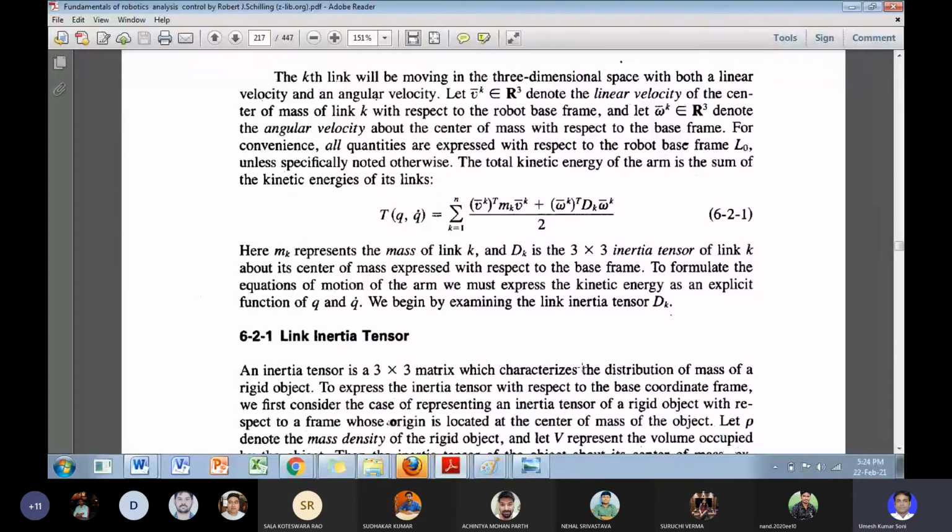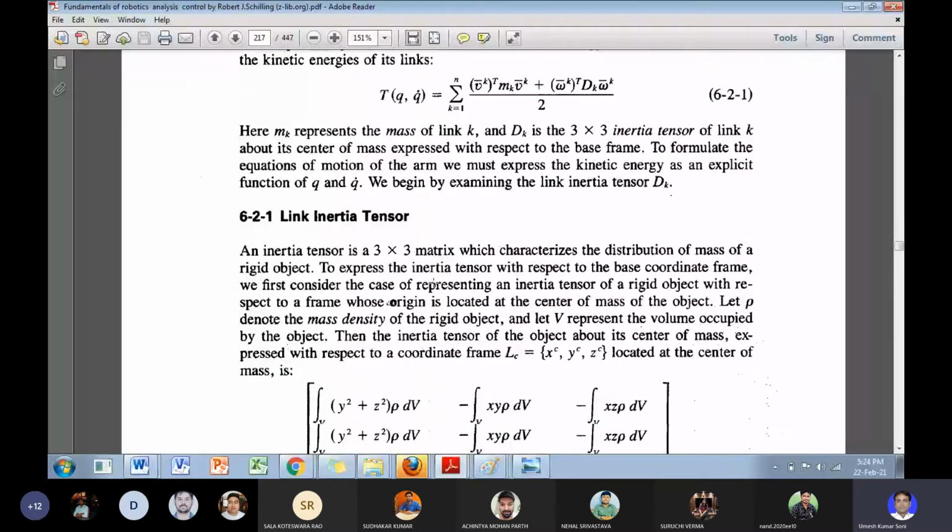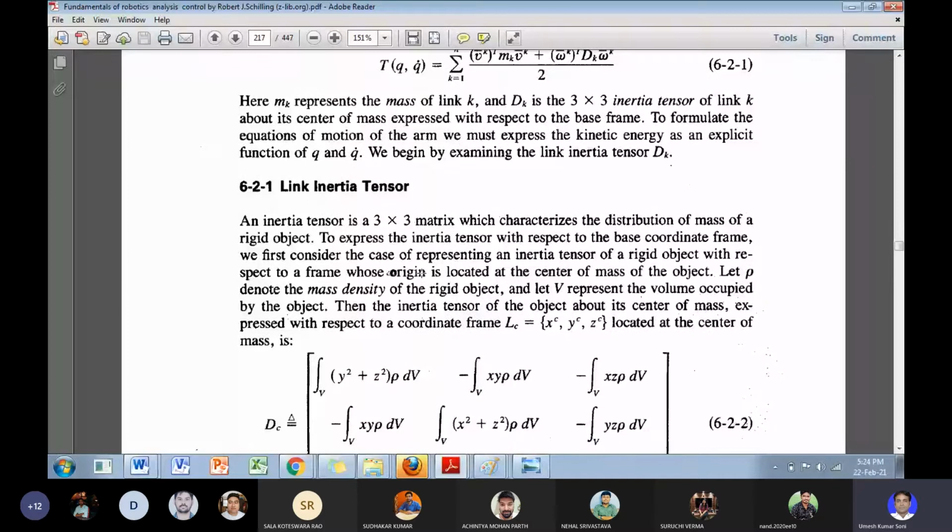So the link inertia tensor is actually the function which defines the distribution of mass of a rigid object, how the mass is distributed along the whole object.